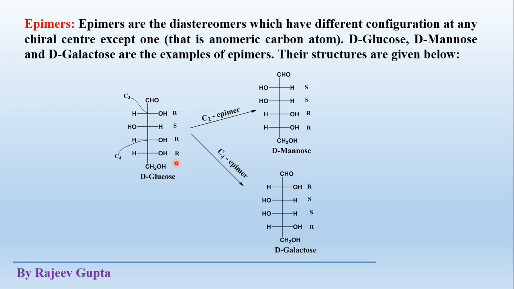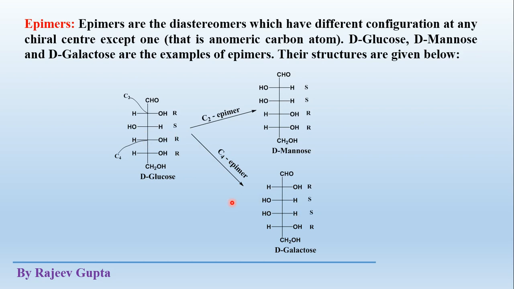We can see the configuration R, S, S, R. Only the configuration at one carbon is changed here: R becomes S, and the remaining is the same. Here R, S, R, R; there R, S, S, R. So only one chiral center configuration is changed.